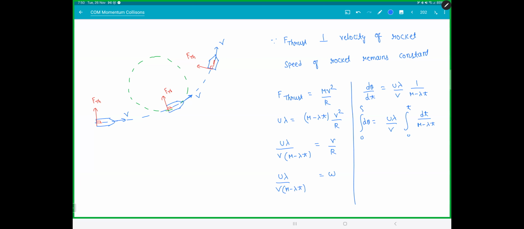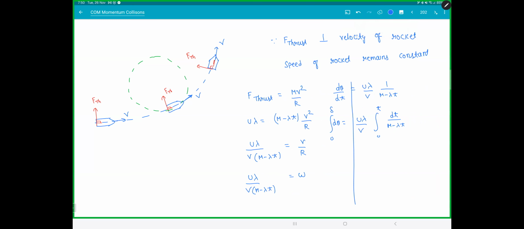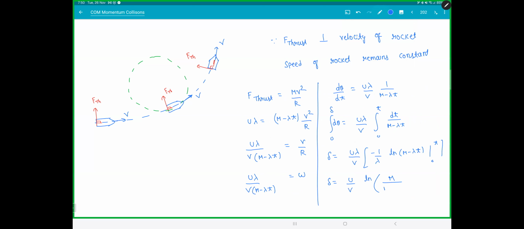This angle will be 0 to delta. You're done. So delta is u lambda by v, minus 1 by lambda ln of m minus lambda t, 0 to t. Lambda will cancel. You get u by v ln m by m minus lambda t. That's your deviation.